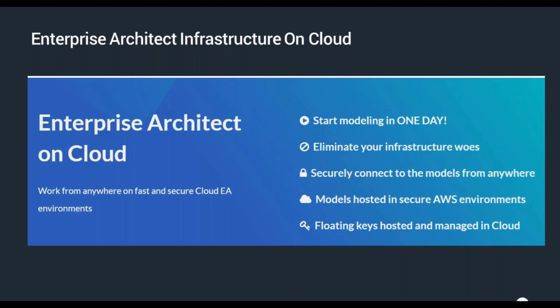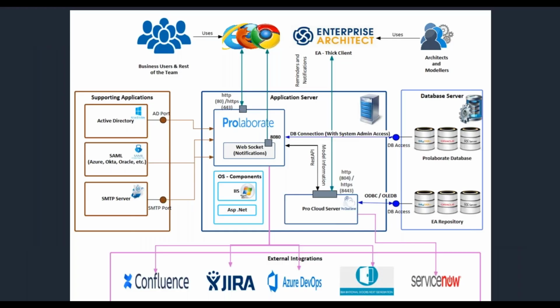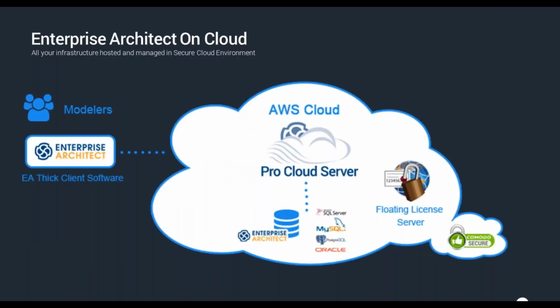So there are a lot of advantages of moving to the cloud as well. But in this scenario where people are disconnected from their in-house infrastructure, having a cloud environment will let your teams continue their modeling efforts without reverting back to the conventional Word or Excel kind of approach, or even reverting back to the EAP models.